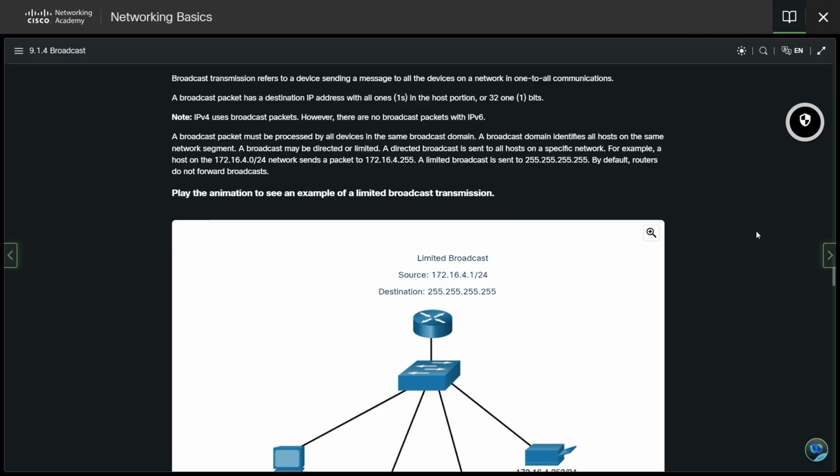For example, a host on the 172.16.4.0/24 network sends a packet to this IP address. A limited broadcast is sent to this netmask by default. Routers do not forward broadcasts.